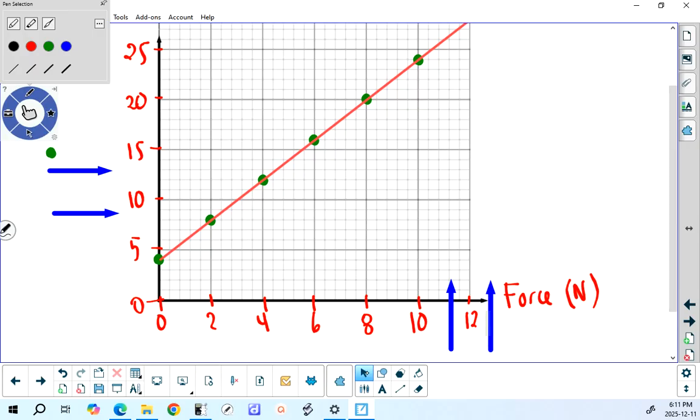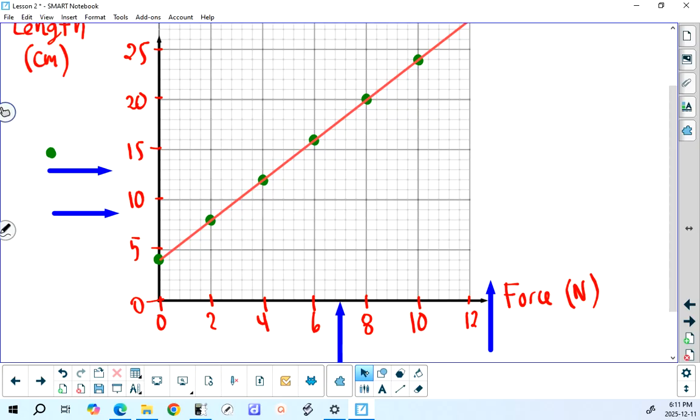There we go. So where is 7.5 newtons? Well, 7 newtons is halfway between 6 and 8. The only reason I have these blue arrows is so that you can follow what I'm referring to rather than me pointing. So that's at 7 newtons. This is at 8. 7.5 is halfway in between, which I would guess to be here. So this blue arrow on the right of the bottom is 7.5.